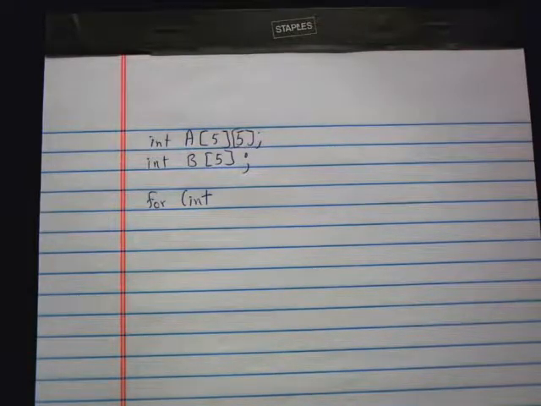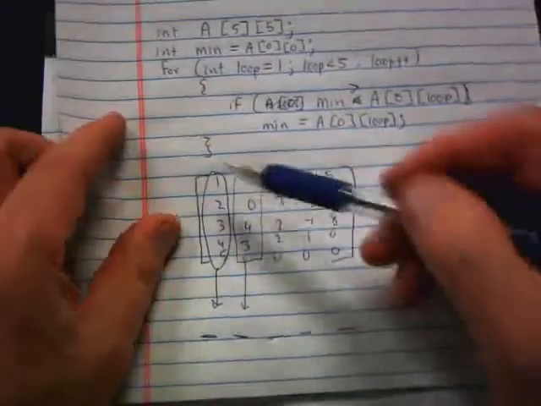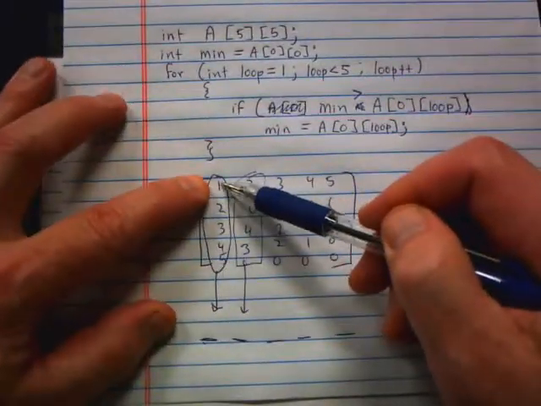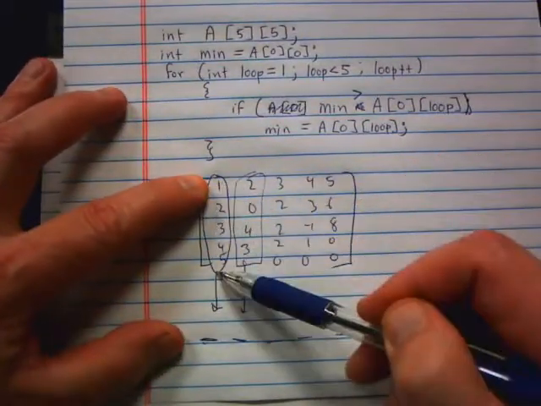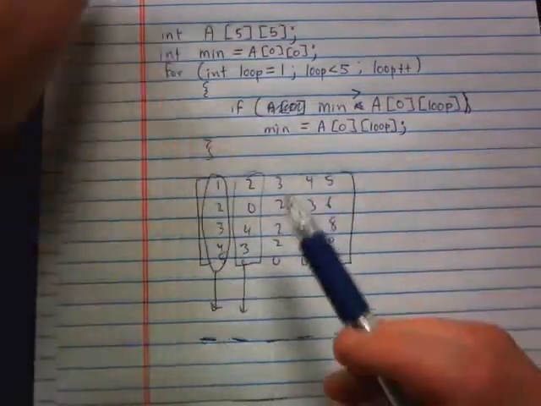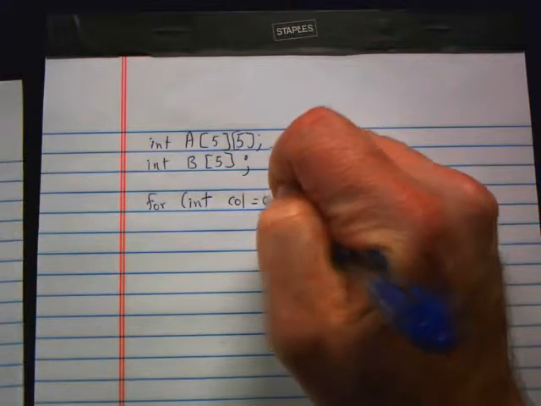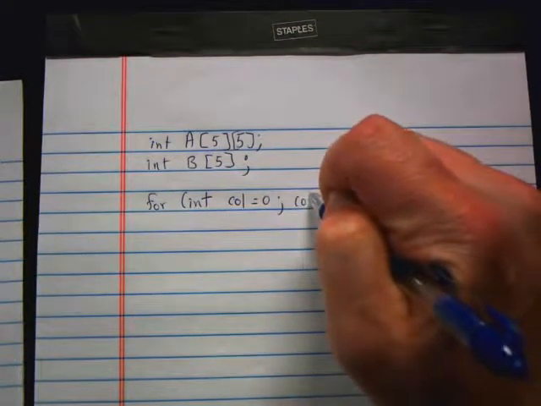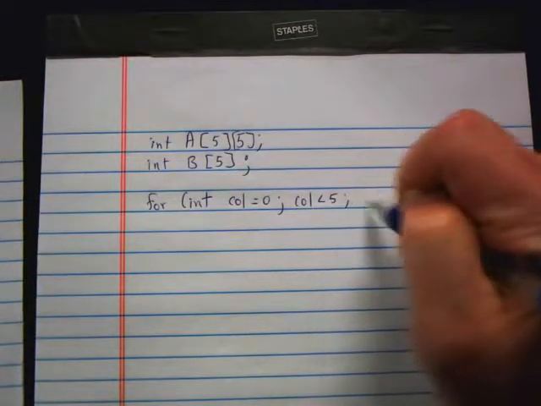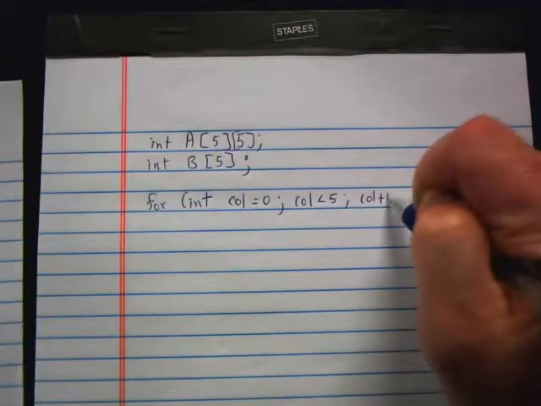All right, so we need a for loop for int. What do we want to call it? I think I would call it column because I first want to deal in the first column and then add up everything down the rows. So outside I think I want column. So int column equals 0, column less than 5, column plus plus.